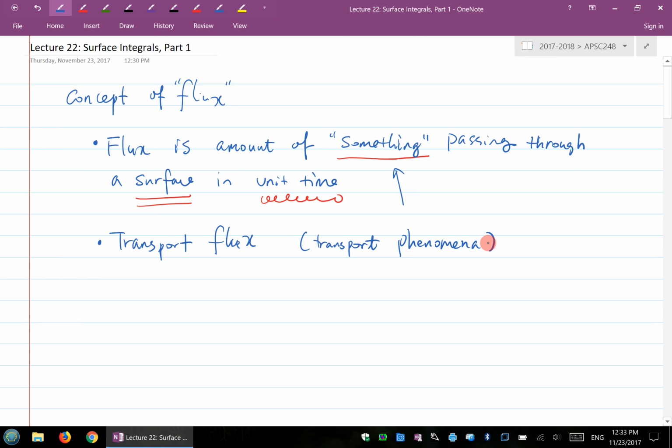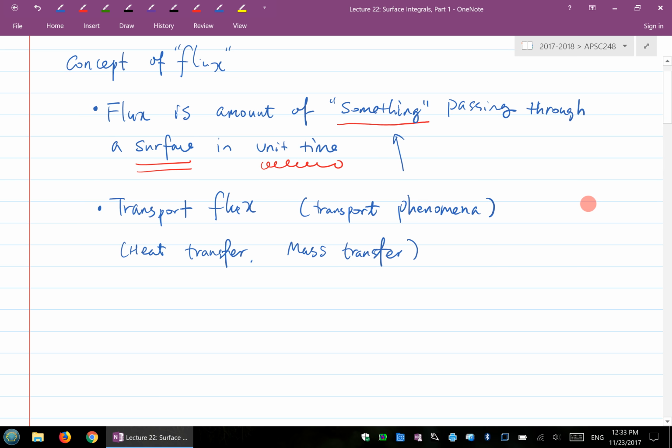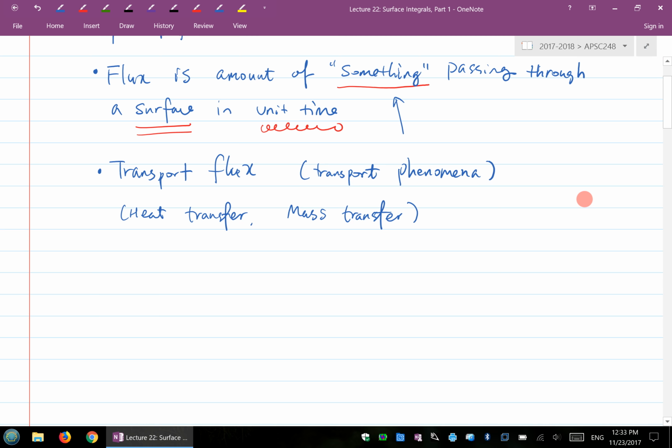So for example, in your third year you will learn heat transfer, and there's also a concept called mass transfer. So in this area you also have this concept of flux, or fluid dynamics, that are similar.